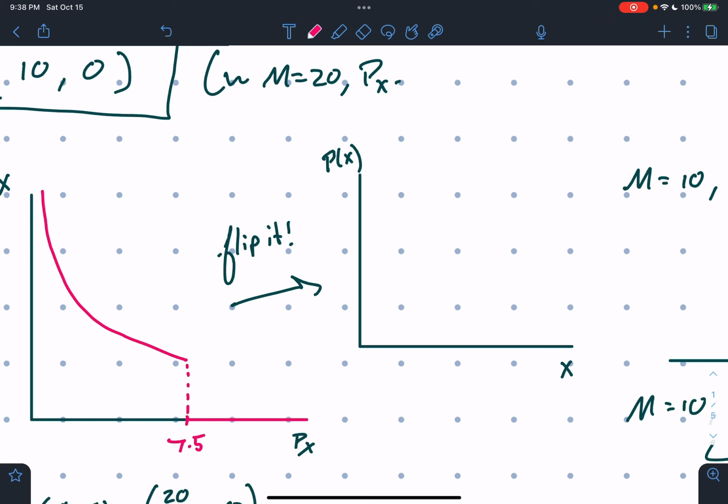So to do this, I note that when the price of x is greater than 7.5, demand for x is 0. Once the price of x equals 7.5, I jump up to this point.